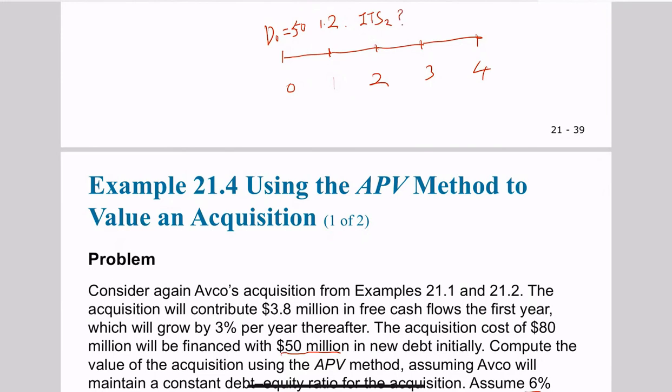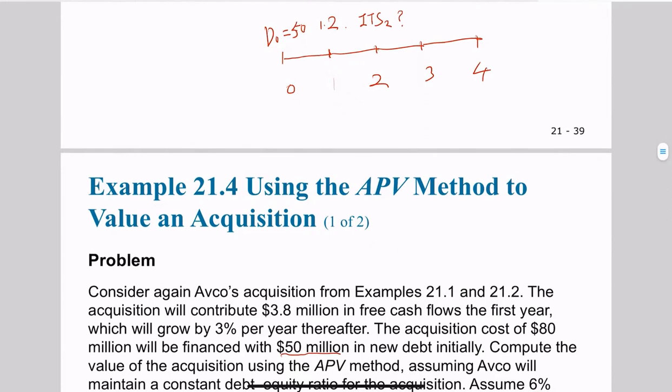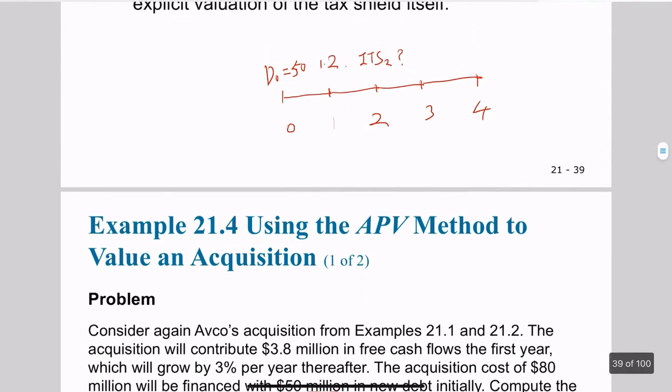Well, if you think about it, you can see that the firm's free cash flow has a constant growth rate of 3%, right? So let me write it here. The firm's free cash flow increases by 3% per year. This basically means the firm's levered value will increase by 3% per year, right?